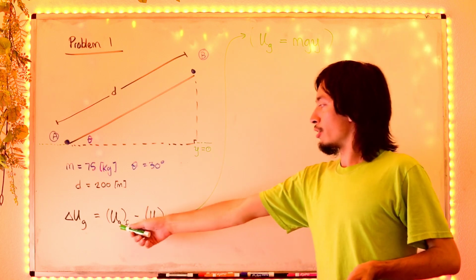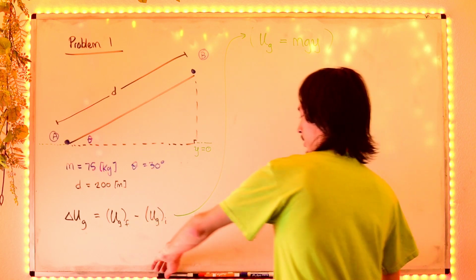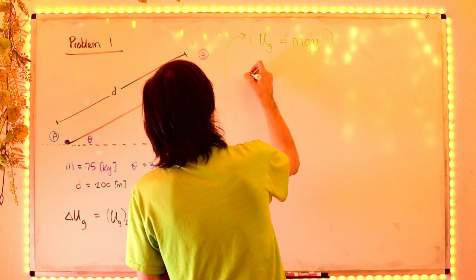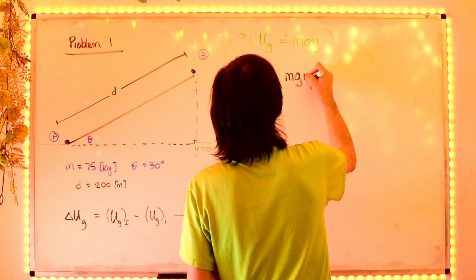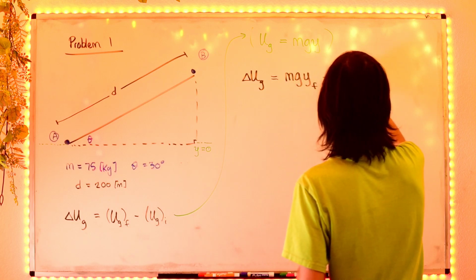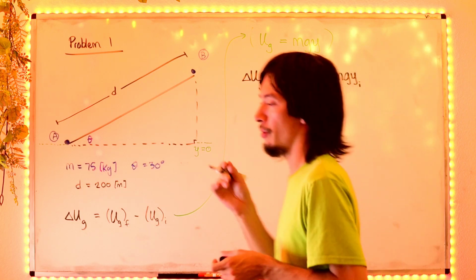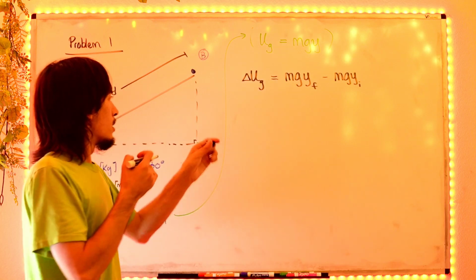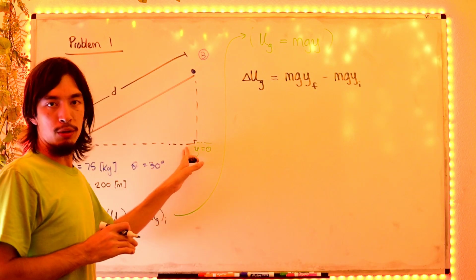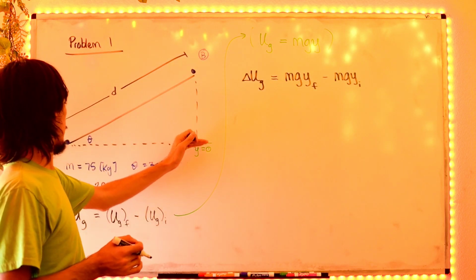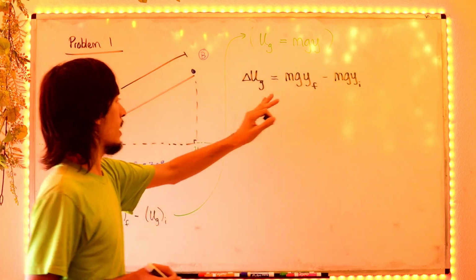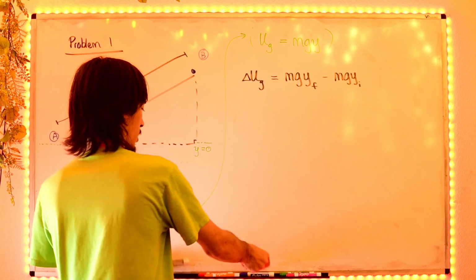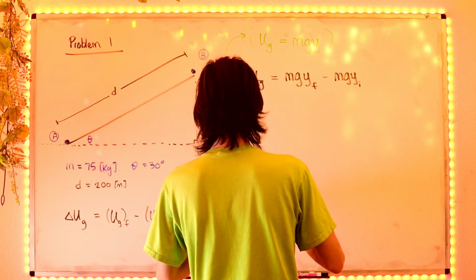We plug this into final and initial. So the change in gravitational potential energy is mgy final minus mgy initial. Since we set y equal to 0 at the lowest point in this entire problem, which coincides with point A, the y initial goes to 0.